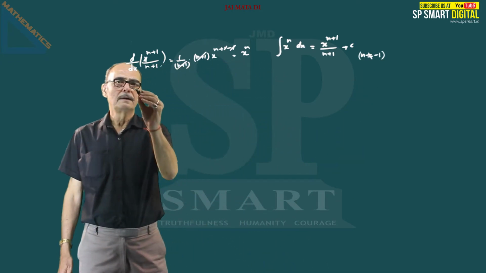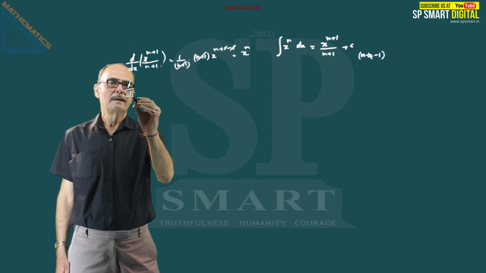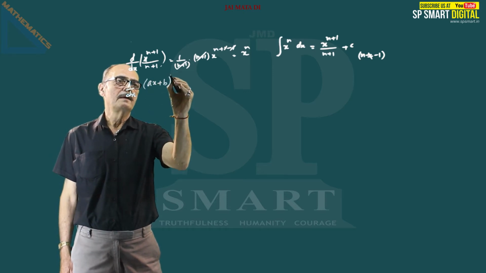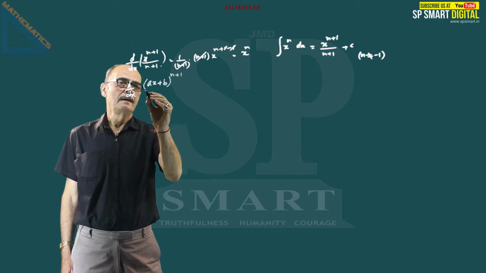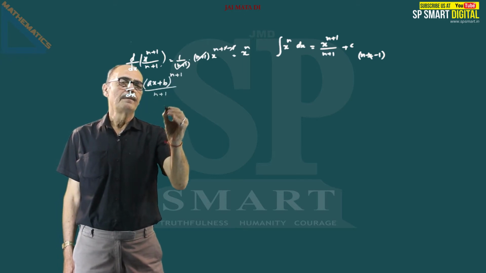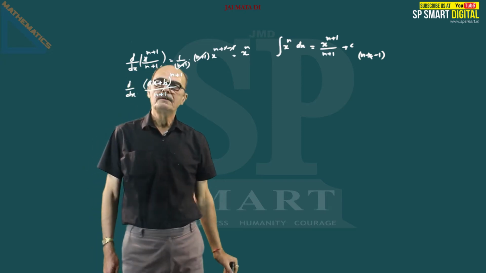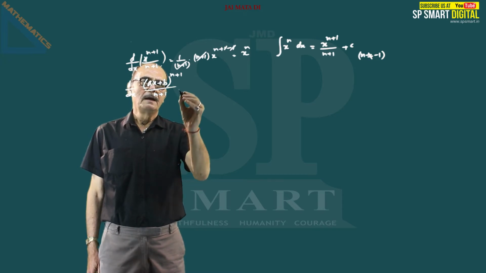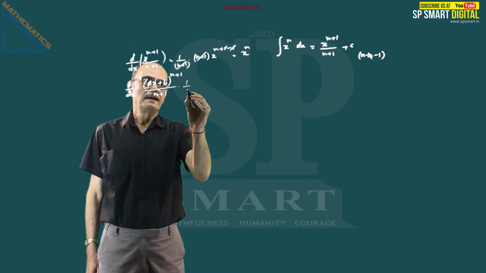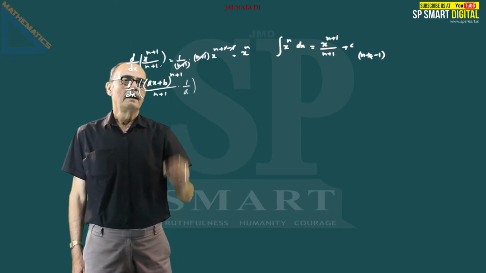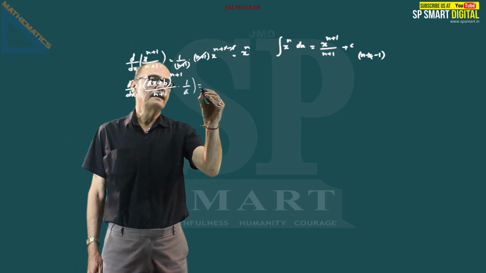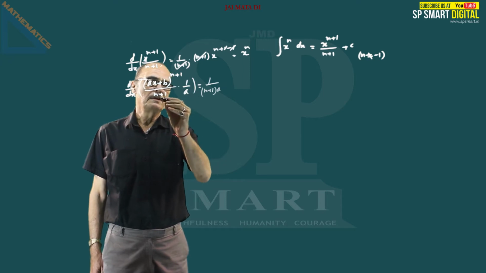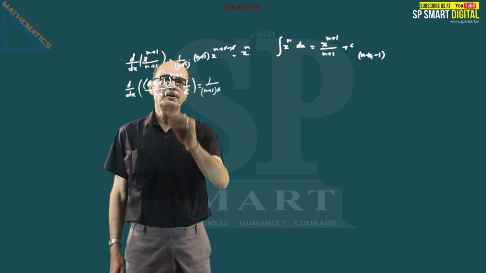Then comes d upon dx of ax plus b raised to power n plus 1 divided by n plus 1. Now, the difference is x is being replaced by ax plus b, divided by 1 by a. If we differentiate it, we get 1 upon n plus 1, this is a constant term both in the denominator, and differentiate this part numerator.